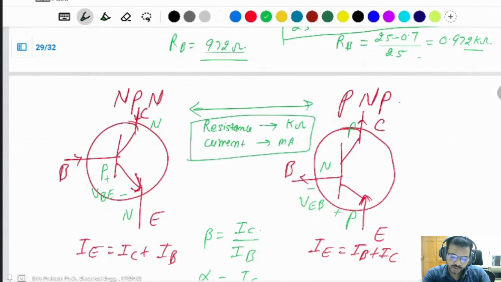You never get confused between ampere and milliampere, because in a transistor current will flow in milliampere only. That's why take current in milliampere and resistance in kilo ohm for all the calculation. Then if you multiply, what is the voltage? Voltage is in volt. We will get the voltage in volt only. Take these two assumptions to solve all the numericals related to the transistor.